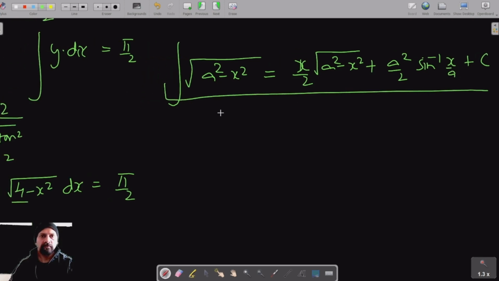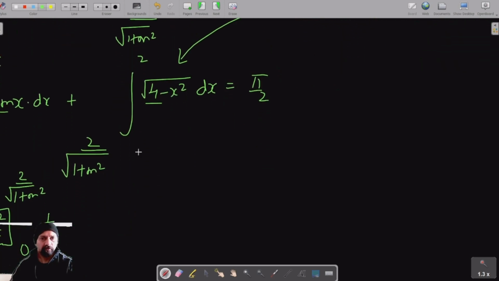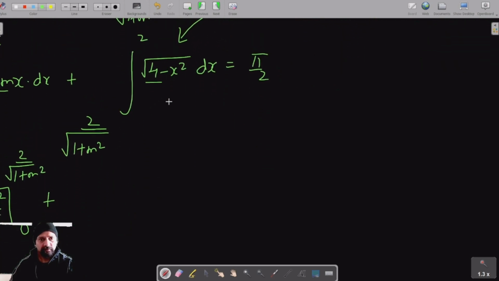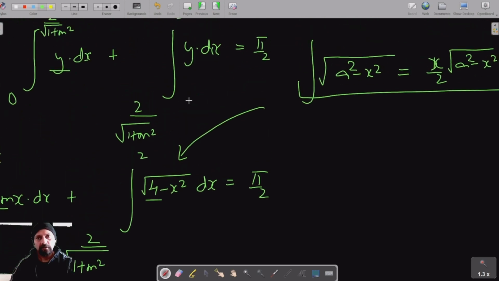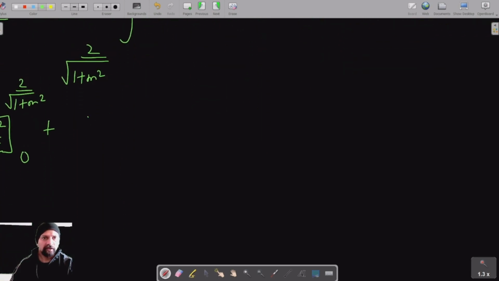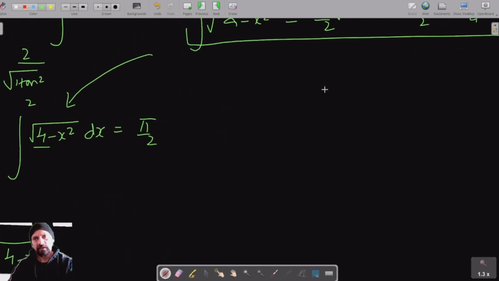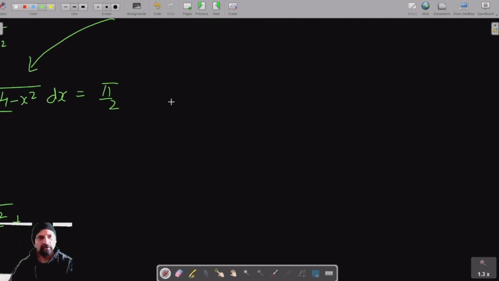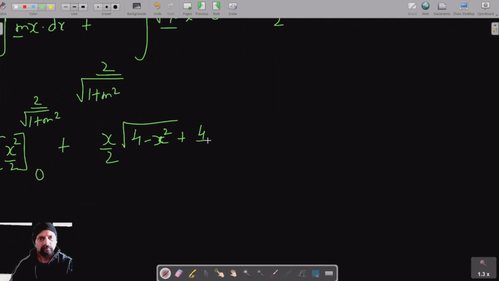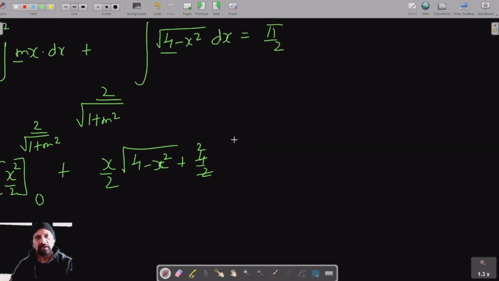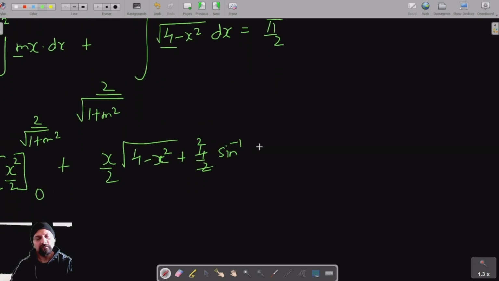We are going to use this formula here, which gives x by 2 under root of 4 minus x square plus a square by 2. So a square is 4, so 4 by 2 is 2, and sine inverse x by a, which is x by 2.